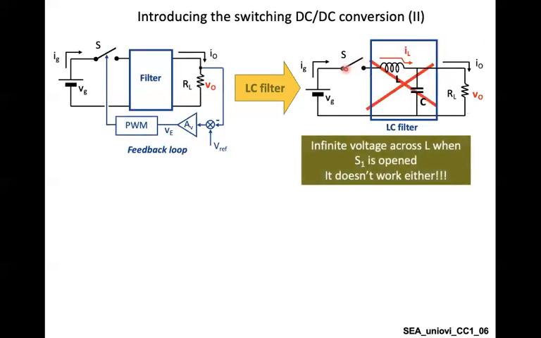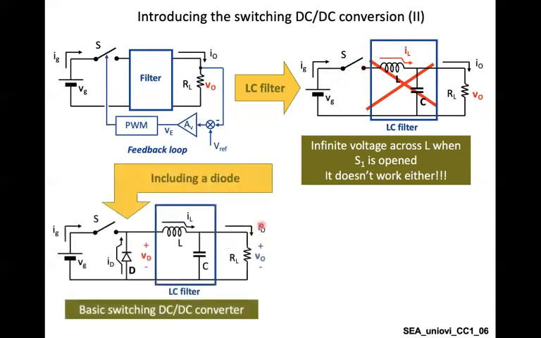When I disconnect here, I should close the circuit somehow so that the current in the coil, or the current in the inductor, should move in the resistance, and then it should return back somewhere here. But as you can see, this is an open circuit. So your circuit is not connected in the off state of the switch. That's why we reach this topology.